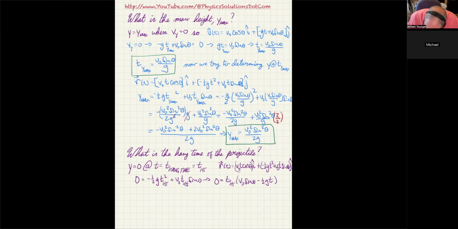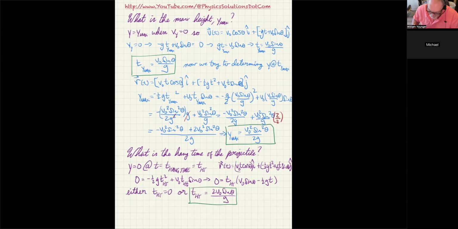So this means either t hang time is equal to 0 or t hang time is equal to 2v0 sine theta over g. And that's actually the right answer. The t hang time equals 0 was the time that it left. So this one's the real one, but now we have the formula for t hang time.